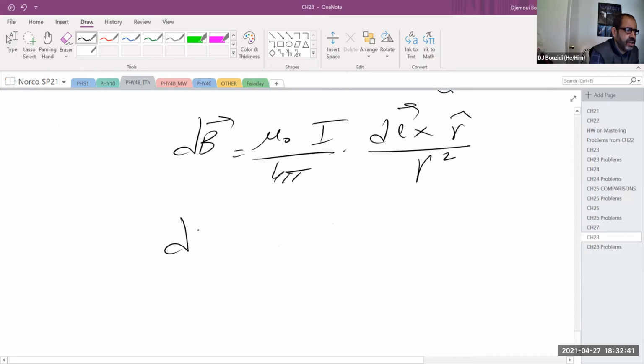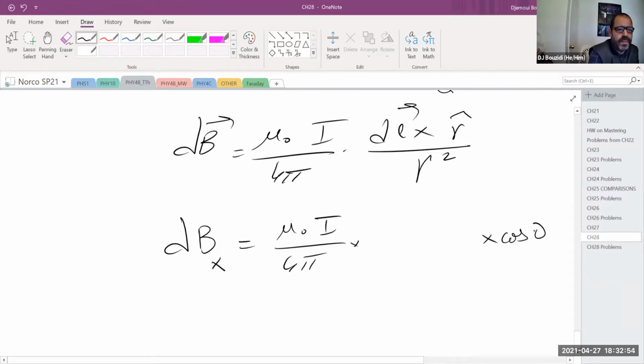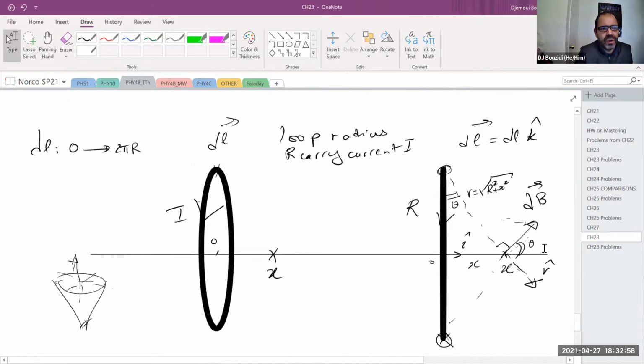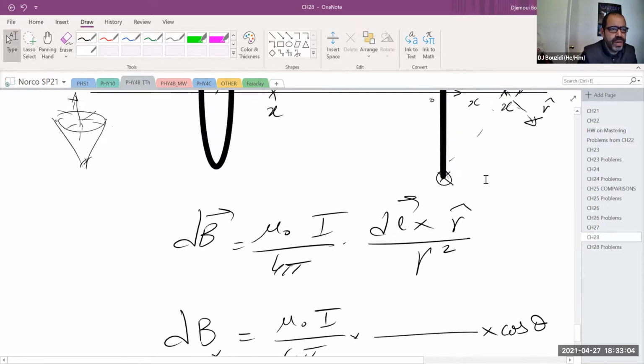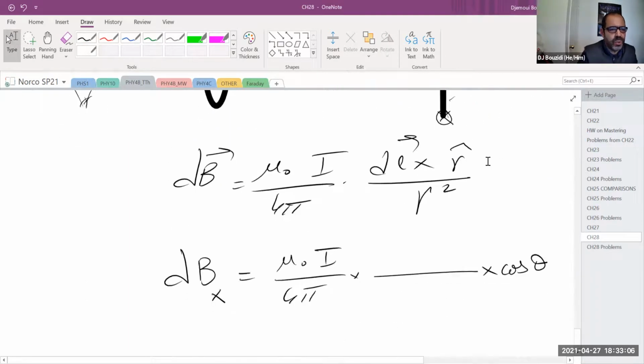So dB in magnitude only, and it's going to be in the x direction because all of the other directions will cancel. It's going to be mu naught I divided by 4 pi times at some point cosine of theta, because I need to project it along the x direction. Okay? So the denominator is r squared, and r squared from this expression is simply r squared plus x squared.